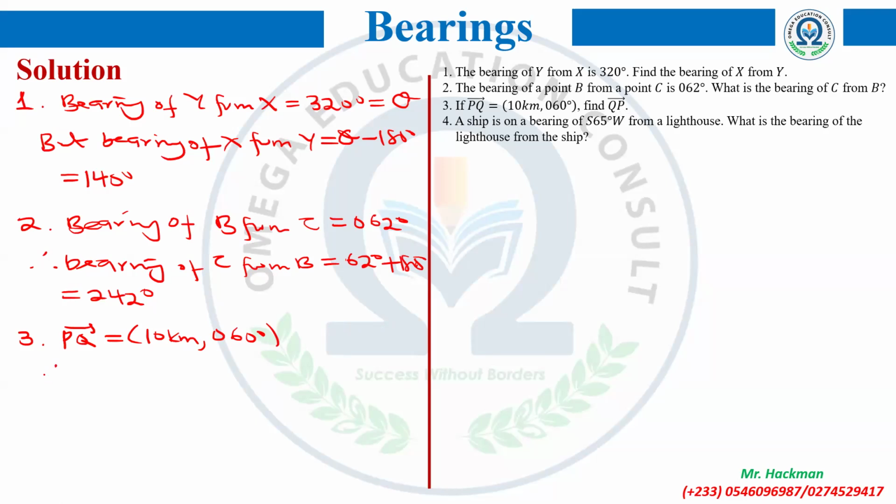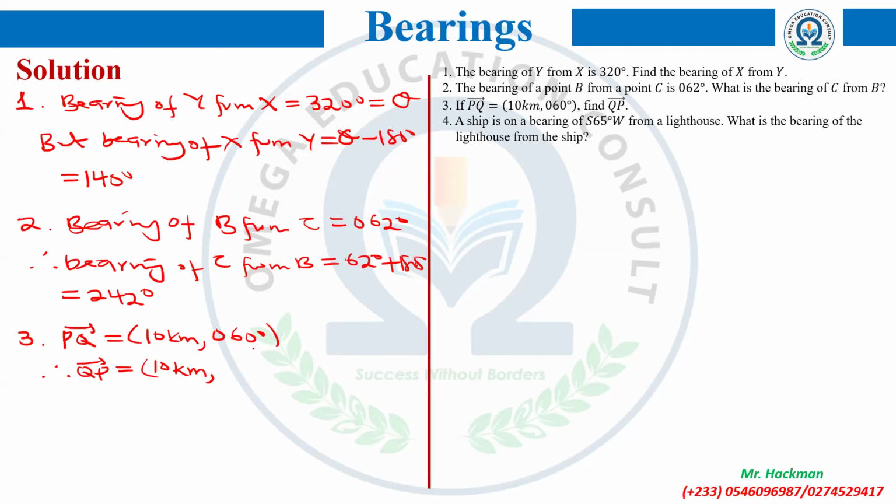So I can say that the vector QP will be equal to, whether you are moving from P to Q or Q to P, the distance will be the same, true or false? Obviously true. So the distance automatically becomes 10 kilometers.